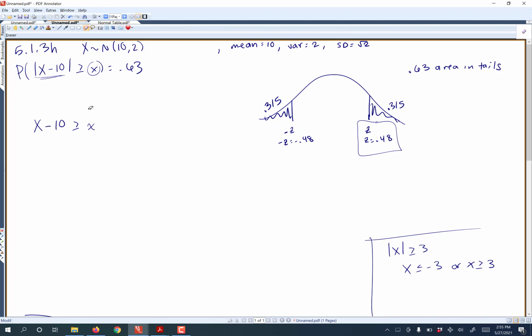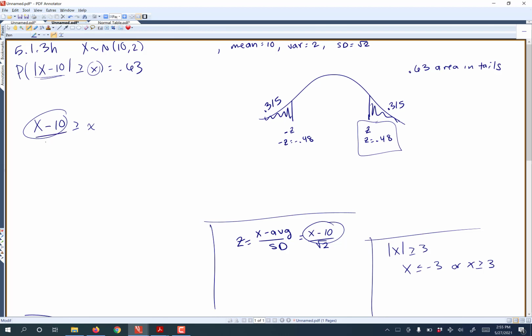Well, notice this x minus 10 might look familiar, because anytime you find a z value, you do x minus the average over the standard deviation. In our case, x minus our mean, which is 10, divided by our standard deviation, which is the square root of 2. Notice how this x minus 10 looks a lot like that.